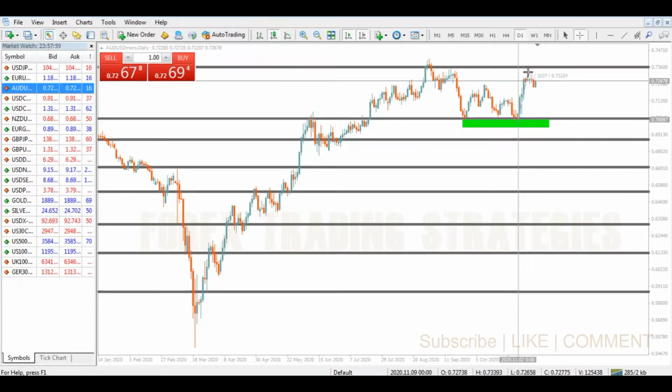Now it went to something like 300, but would probably have been stopped out around 280. This is for not doing anything. You're collecting pips while not doing anything, not cracking your head, not doing all the funny things. You're just looking at the market and you can tell where it's going.